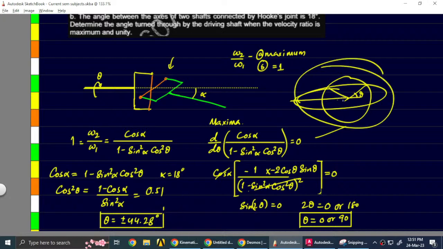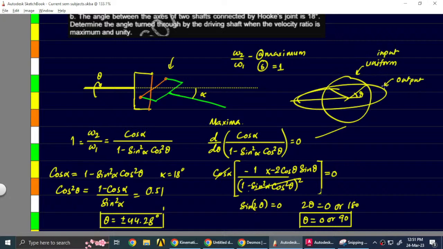This is what the diagrams will look like. This is the uniform velocity circle, and this is the output, that is not uniform. This is the input, which is uniform, and it is the output, which is not uniform. And these are the 4 points where the input velocity will be equal to the output velocity, and at 0 degrees you can see the maximum, as well as at 90 degrees there is the maximum.